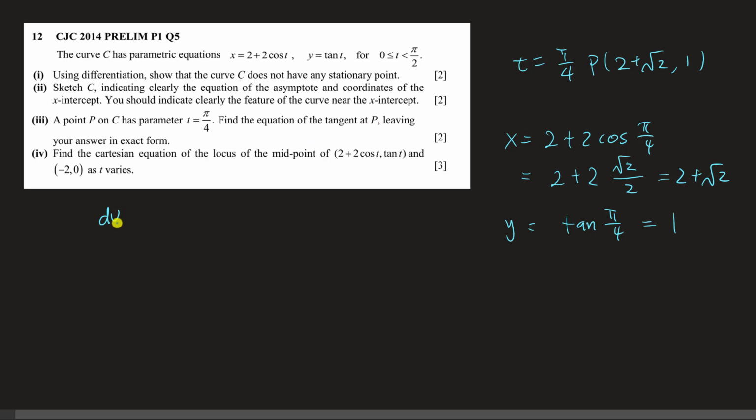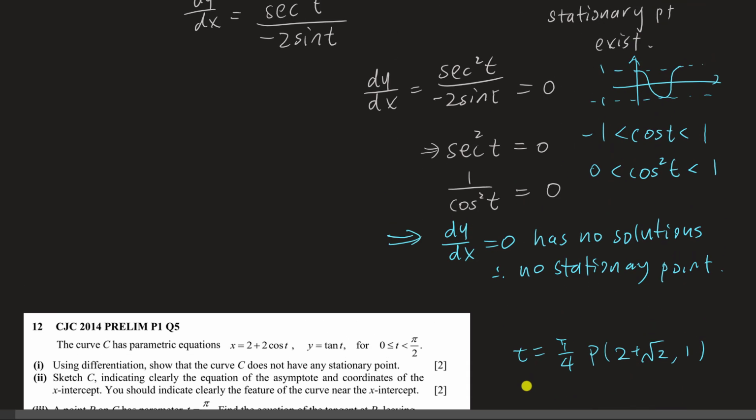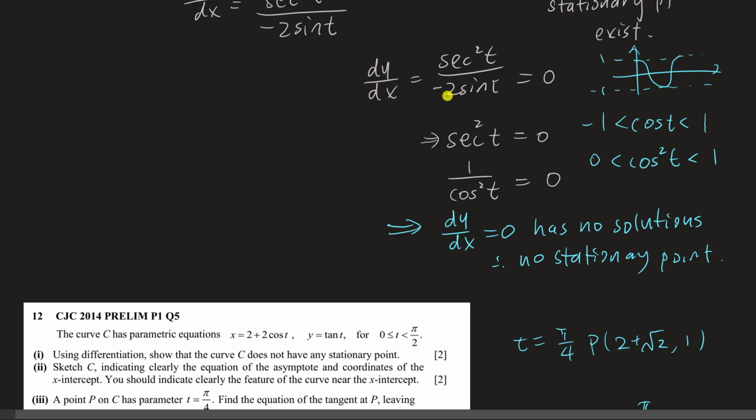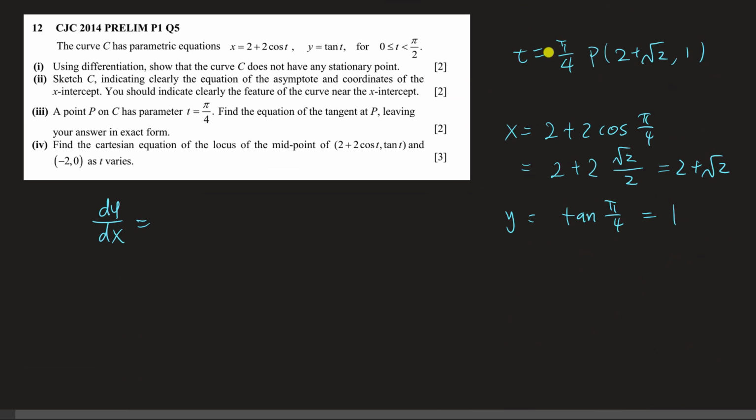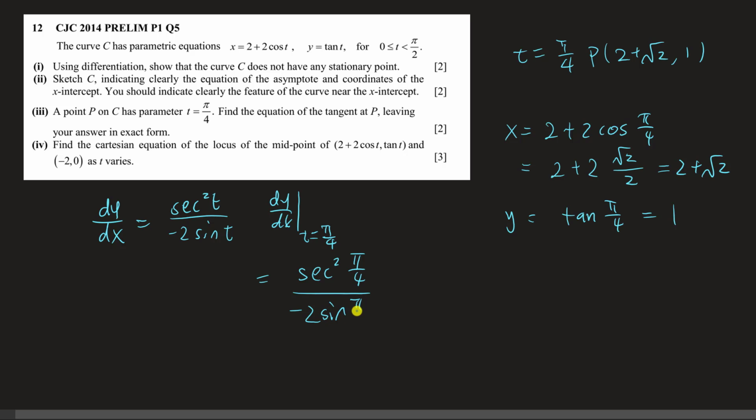So just now we found that dy/dx is actually how much? Secant square t over negative 2 sine t. So dy/dx at t equals to pi over 4 would be equals to secant square pi over 4 over negative 2 sine pi over 4.